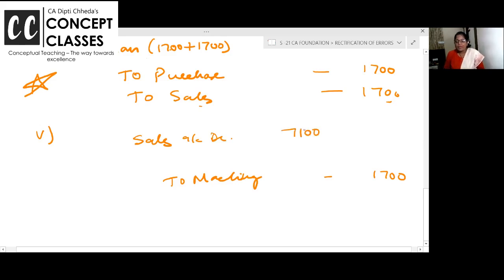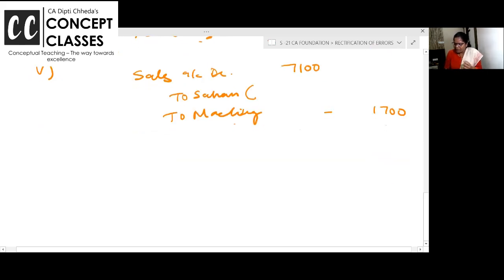7,100. Sales wrongly credited 7,100, debit. Machinery not credited, credit. Sohan's account should be credited by 1700, but by mistake you have debited as Sohan to sales 7100. So 7100 wrong debit, whereas it should be like this. 1 second, हाँ इसको करेंगे पूरा wrong entry correct entry.